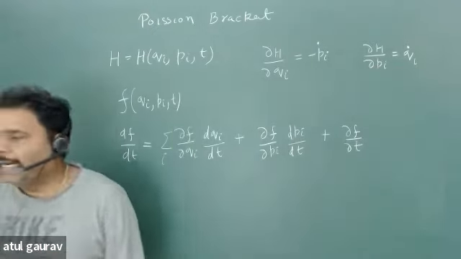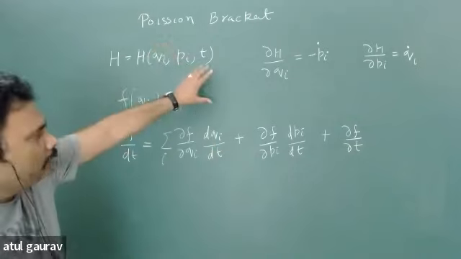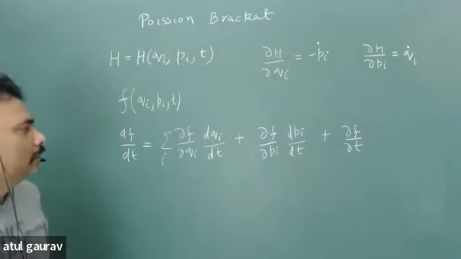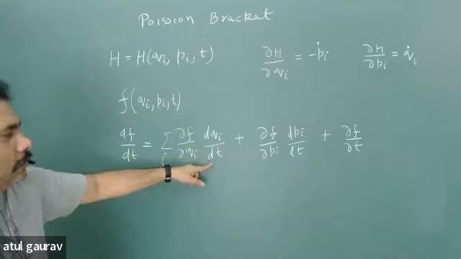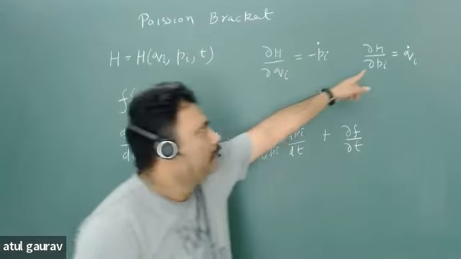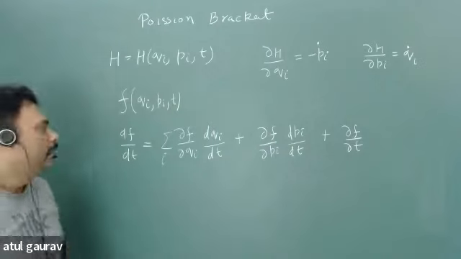And now I have to introduce the information of the system in this equation. So what is dqi upon dt? It is qi dot, and this can be written as del h upon del pi.